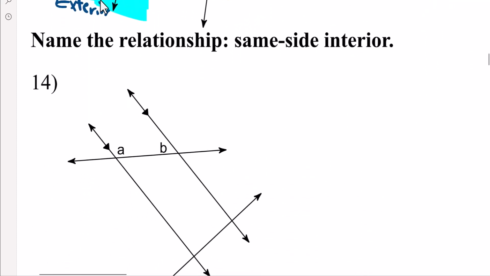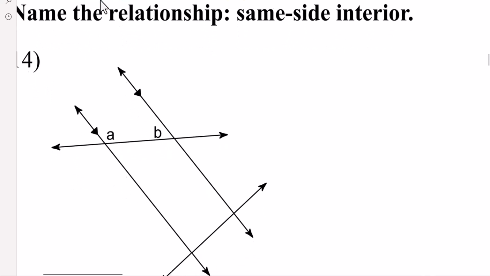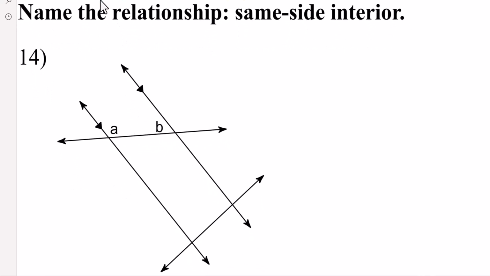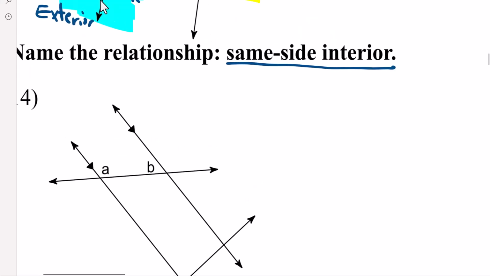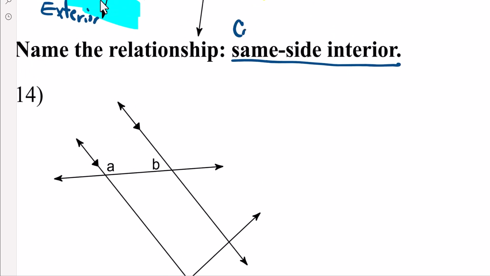Okay. Then we've got a couple of other kind of interesting cases. Same side interior, and then there's going to be a same side exterior. These used to be called consecutive. So sometimes you're going to see the word consecutive instead of same side.